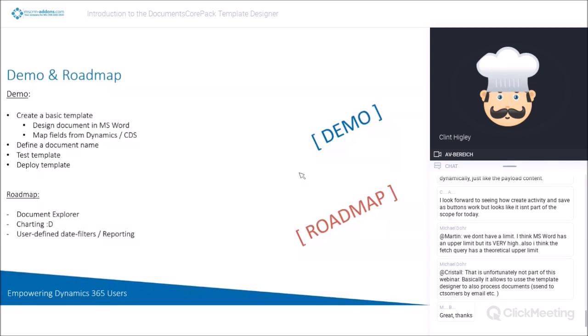And then to find something in there, especially in longer documents, you have to scroll and search. What Document Explorer is going to be is over on the side, it lists all your fields, all your conditions, everything like that. You can click on them and go to them immediately in your document. It's going to be a really cool feature, and I'm really excited about it.